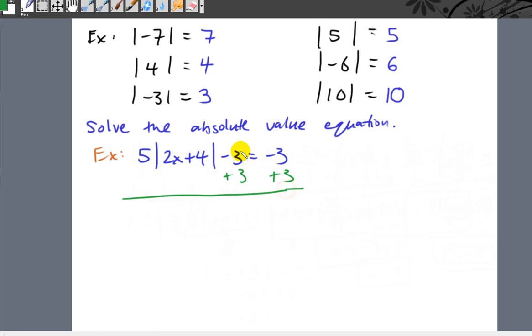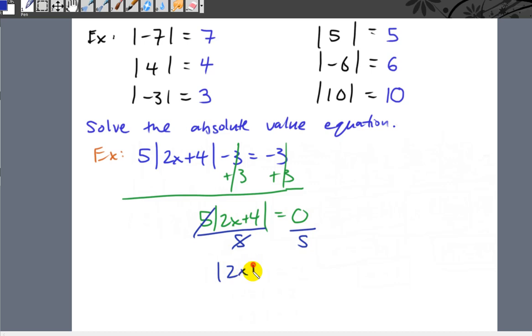What we get is this cancels, and what we're left with is 5 times the absolute value of 2x plus 4 equals 0, because negative 3 plus 3 is 0. Now we have a 5 on the outside, and our goal is to isolate this absolute value expression, so we divide by 5. That cancels, and we get the absolute value of 2x plus 4 equals 0.